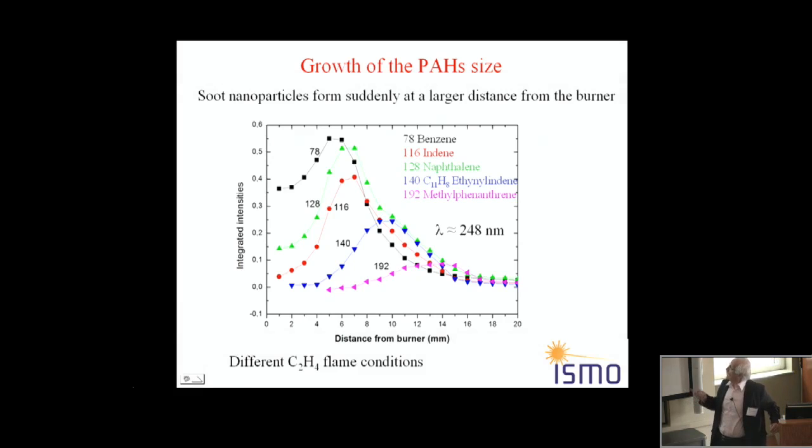So a way to show that is we selected a few masses, and basically you can make an assignment for everyone knowing the wavelengths, and you scan from the distance to the burner, because the burner itself can be moved, the cone is fixed, and you see this kind of distribution, and there is nothing else.